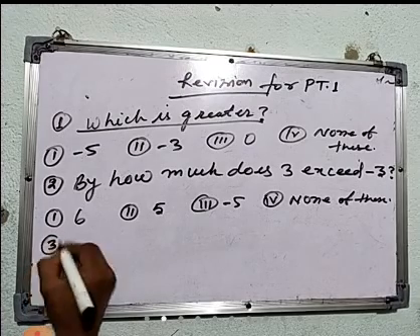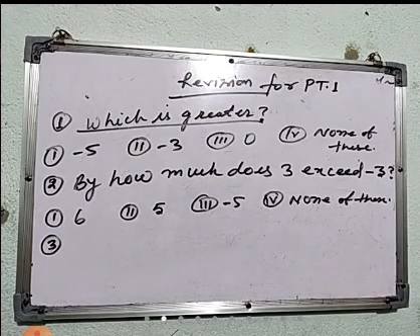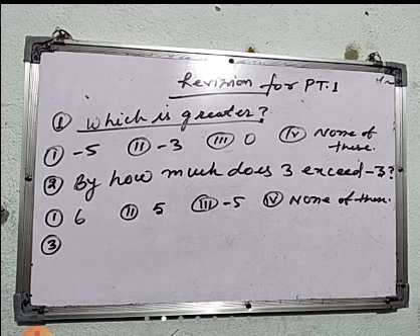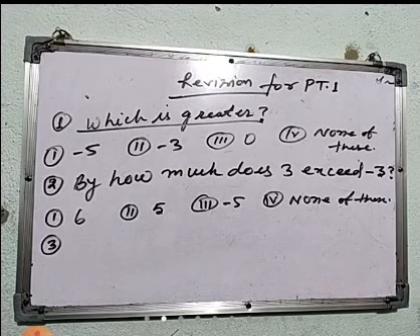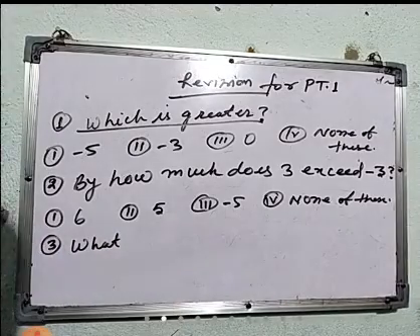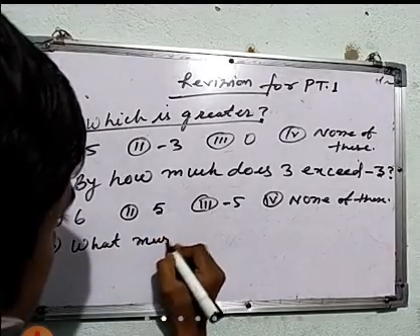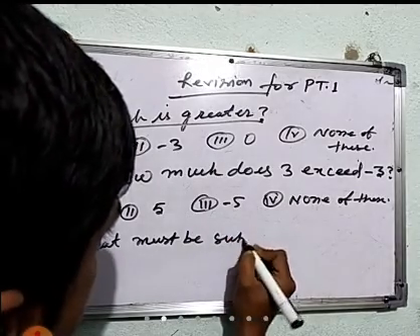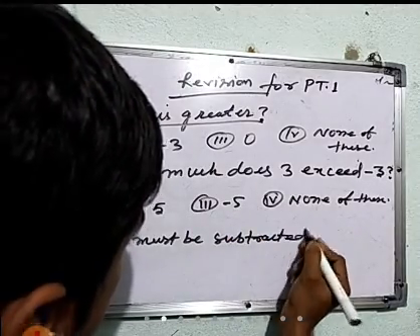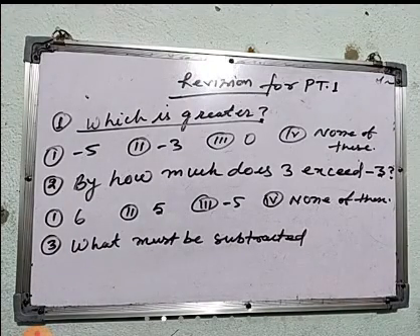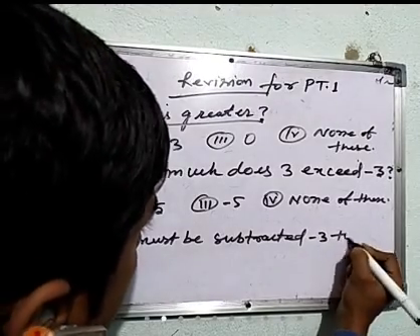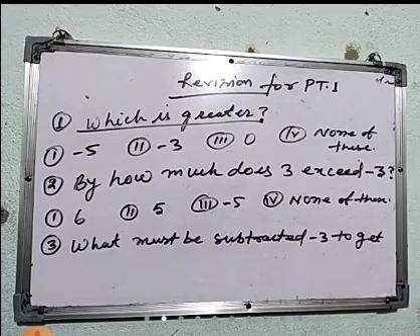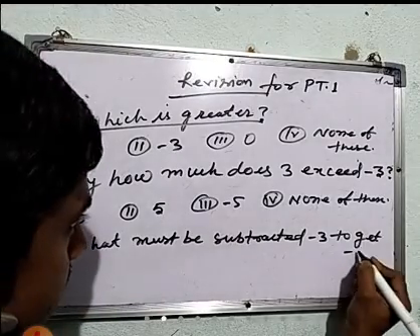So third question. What must be subtracted from -3 to get -9?